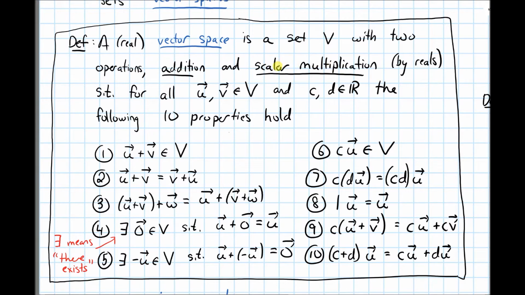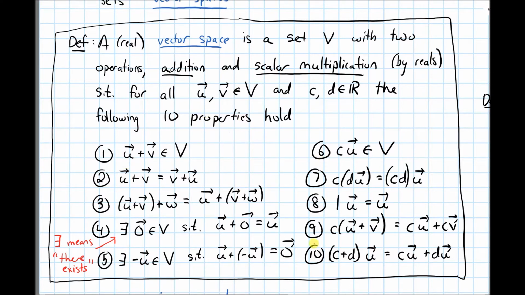When we multiply by scalars, we're going to be multiplying by real numbers, such that for all u and v in this set V, and all c and d in the reals, so c and d are our scalars, the set needs to satisfy the following 10 properties.